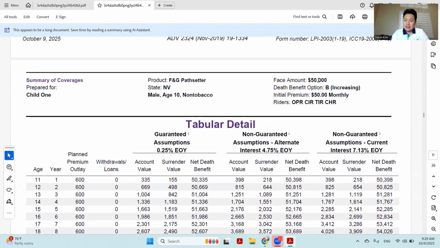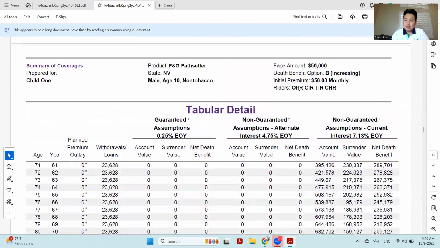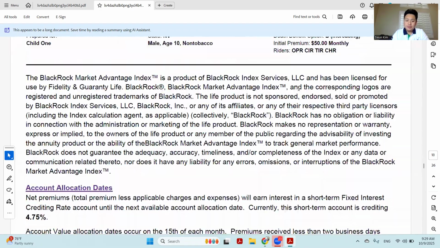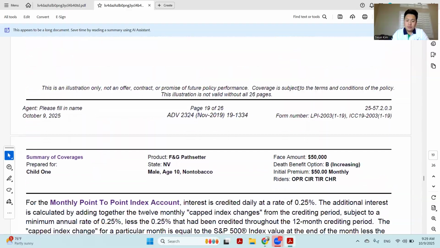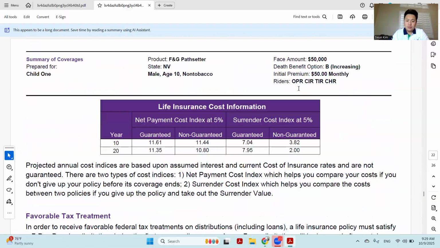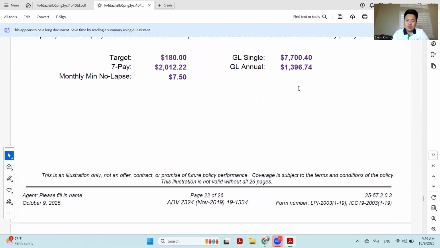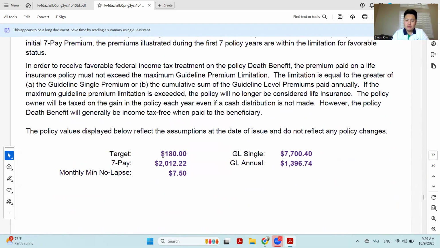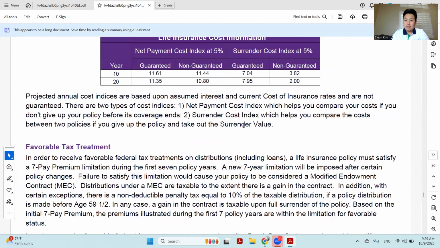correct? And what happens is if you go down to page 22, what is the target premium? So this is what you get paid commission on. All right. Not what the client pays monthly.